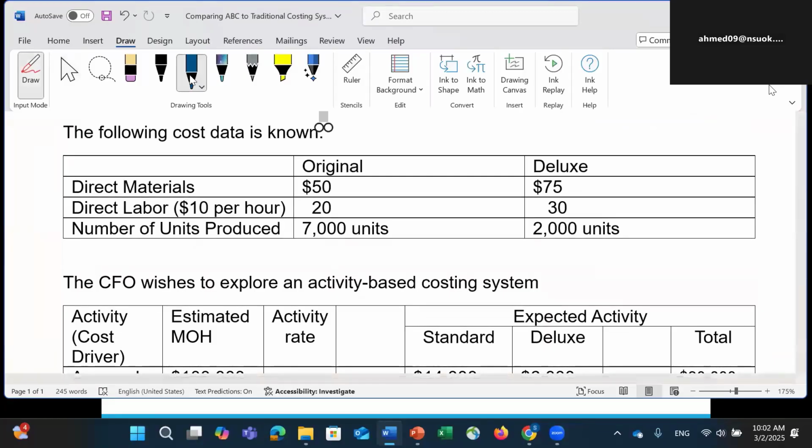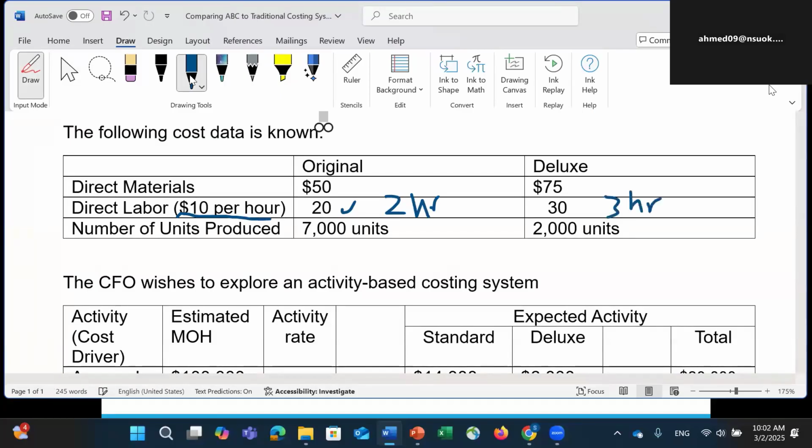If the direct labor is 10 per hour, and we have 20 dollars, how many hours are there? So 20 divided by 10 is 2 hours for the original. And here 30 divided by 10 is 3 hours.